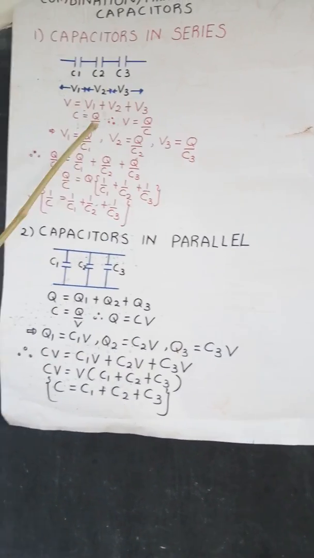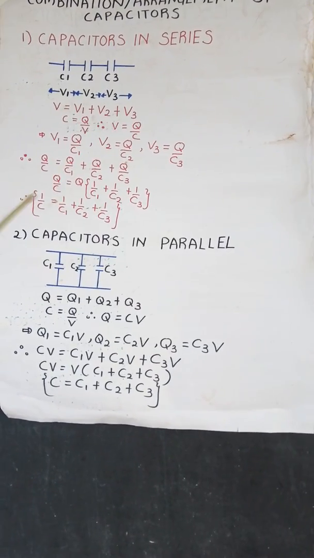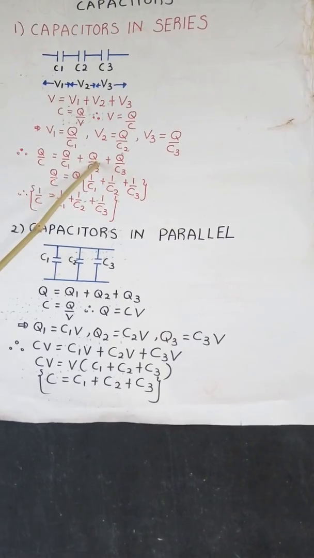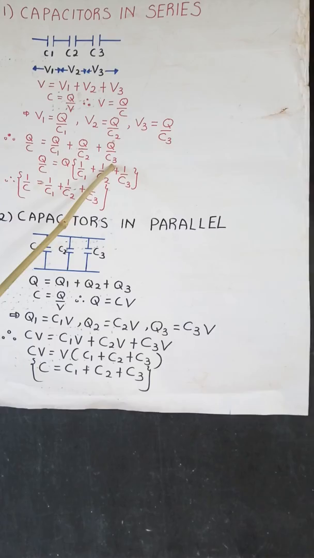When we substitute into this equation, we get Q over C is equal to Q over C1 plus Q over C2 plus Q over C3.